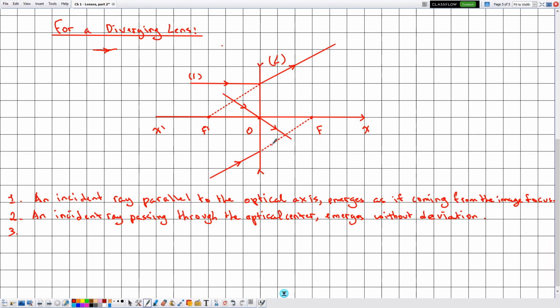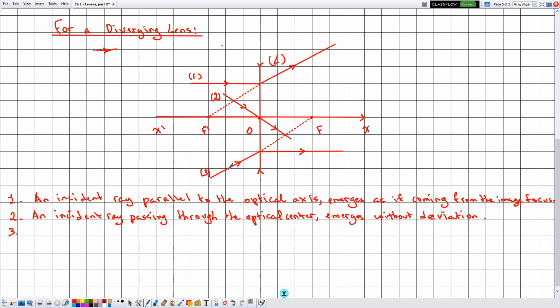And the rule says that always an incident ray directed to the object focus emerges parallel to the optical axis. So this is the second ray here, and this is the third ray.